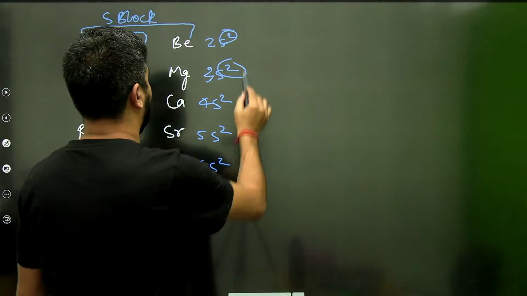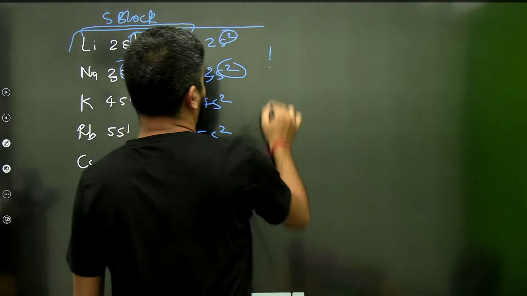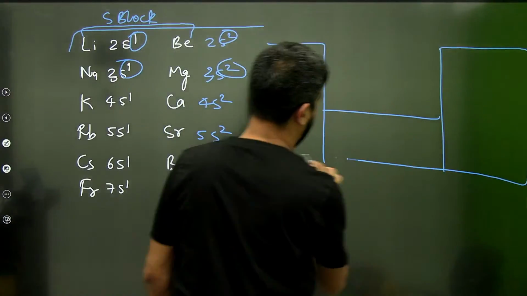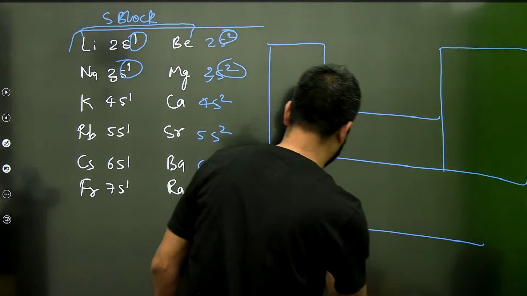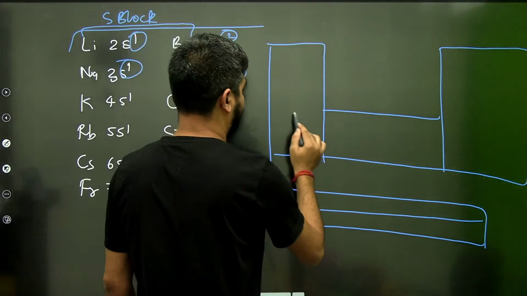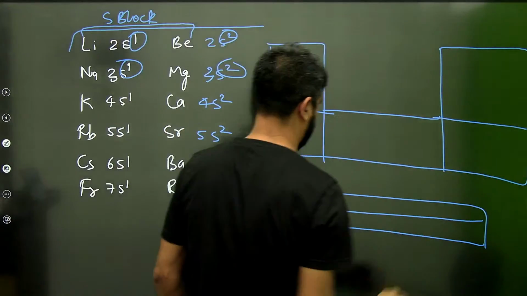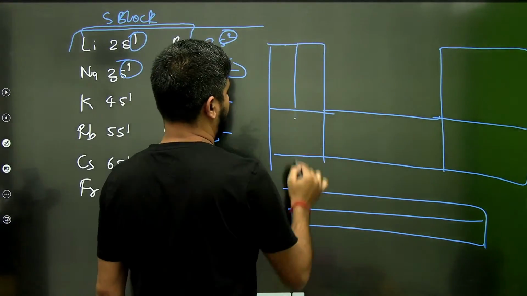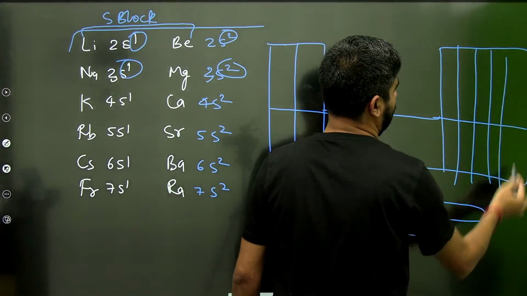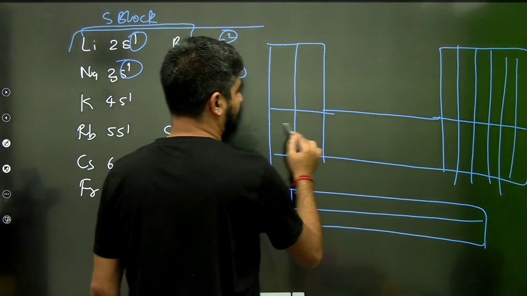And after s block, suppose this is the periodic table. So when you make the periodic table, guys, yes, you make it like this, and then you have two series over here, right? So this series, yes, so these are, guys, s block, these are s block, these are p block, and these are d block.